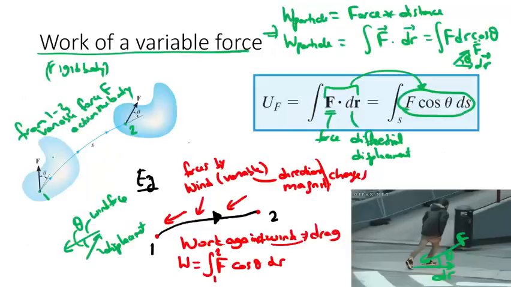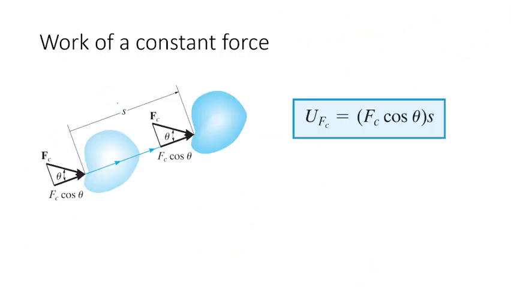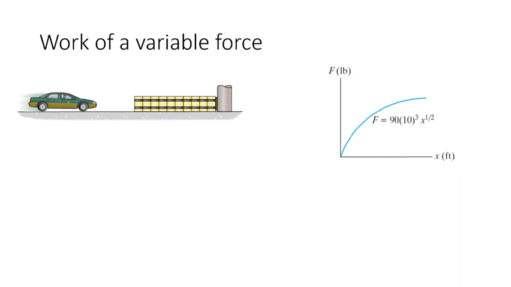One more example here before I move to a constant force. For example, in a real-life experiment, a car crashes into this setup. As it moves inside it, there is a variable force developing against the car.